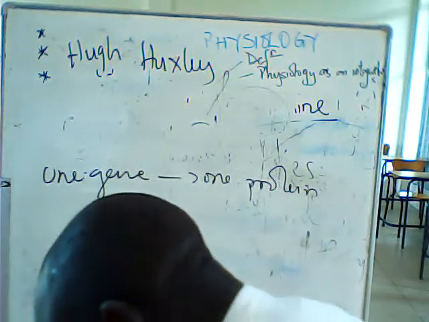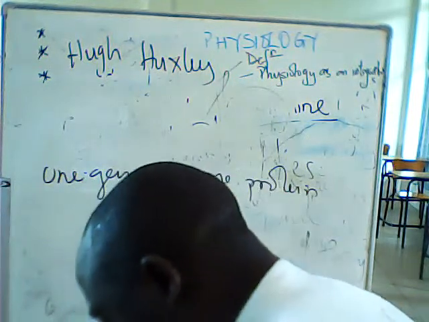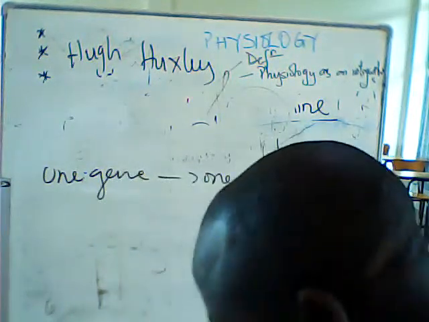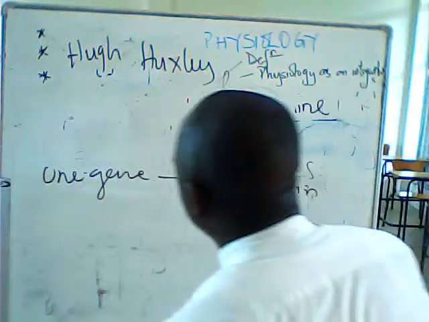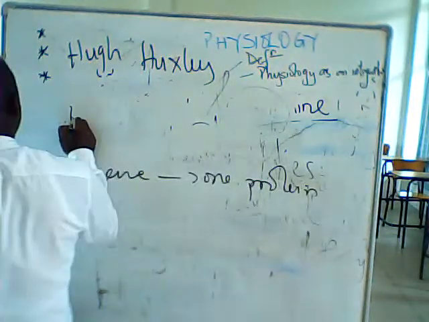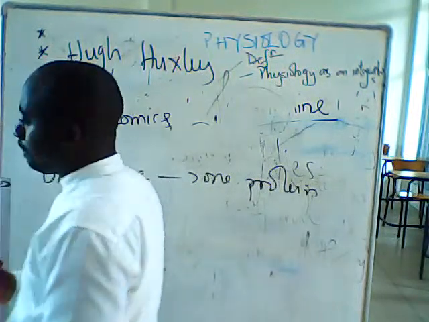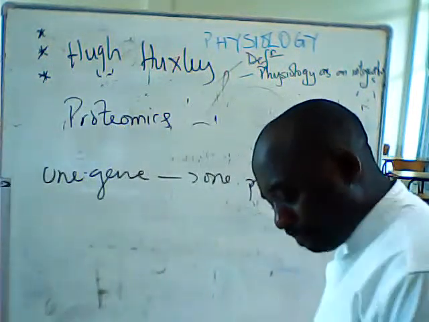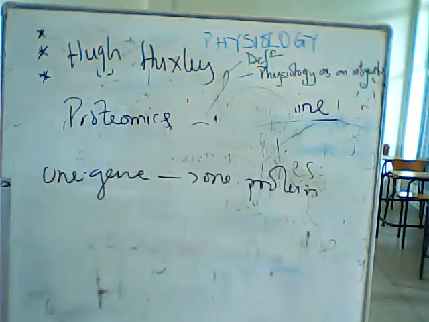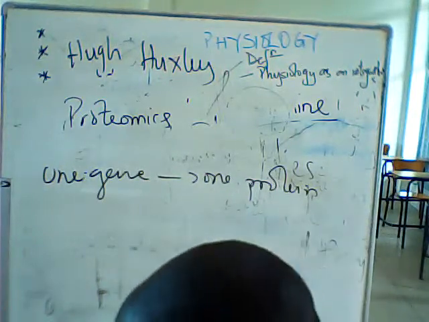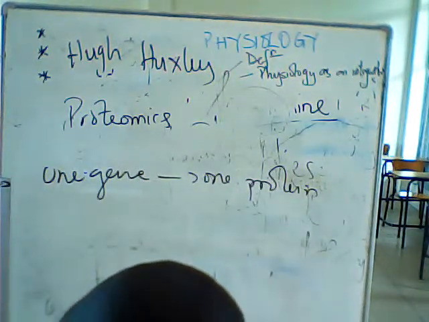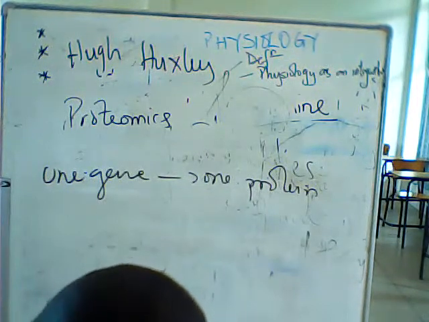So now scientists have moved from genomics to what? To proteomics. And what is proteomics? The study of proteins in living organisms. So scientists have now realized that a protein being made in a particular cell does not always tell us the significance of that protein to the cell, tissue, or function.